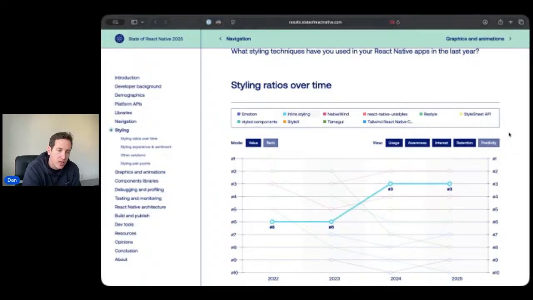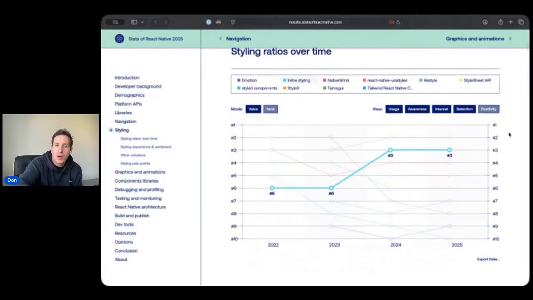Yeah, so that's my framing device for this. The perfect world of the State of React Native survey would have results on a more incremental time basis, but it's not realistic to have the survey done every 3 months or whatever. So this is as close as we're going to get to real time evaluation.